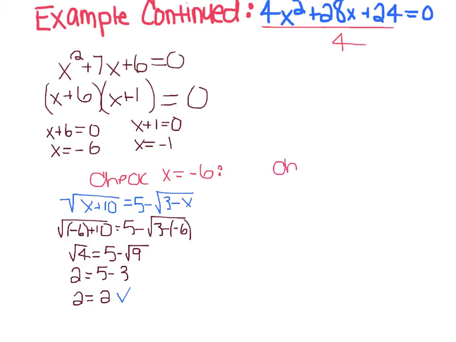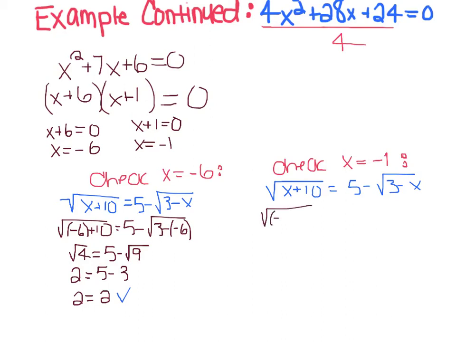Now here we're checking when x equals -1. Doing the same thing by plugging it into our equation of the square root of x plus 10 equals 5 minus the square root of 3 minus x. We would have the square root of -1 plus 10 equals 5 minus the square root of 3 minus -1.